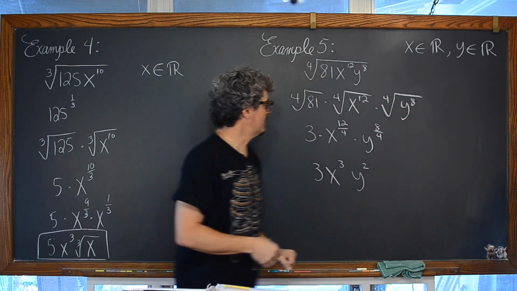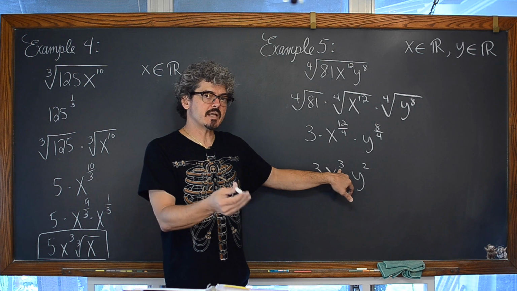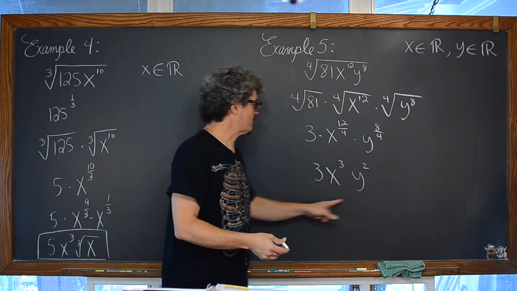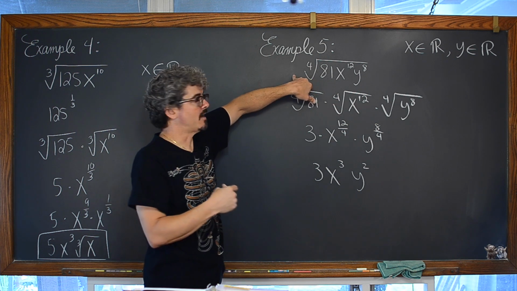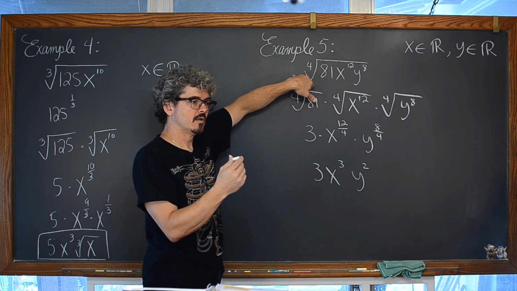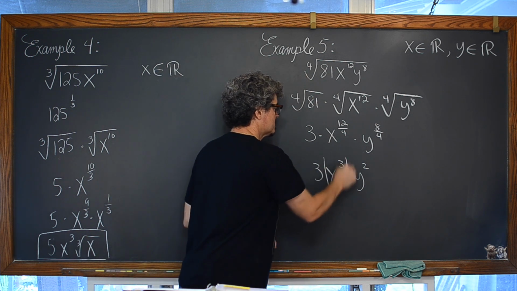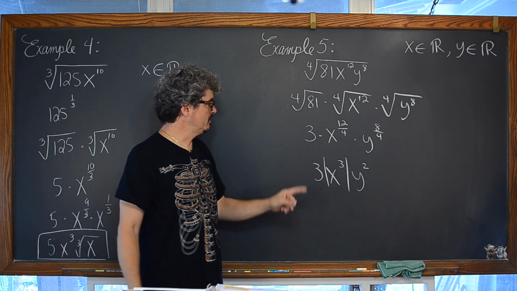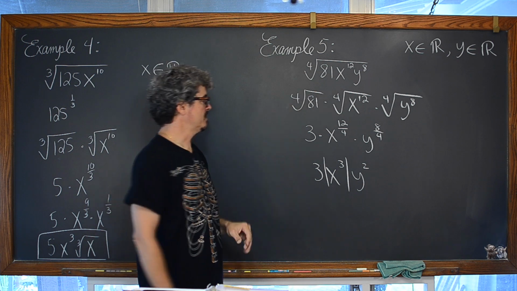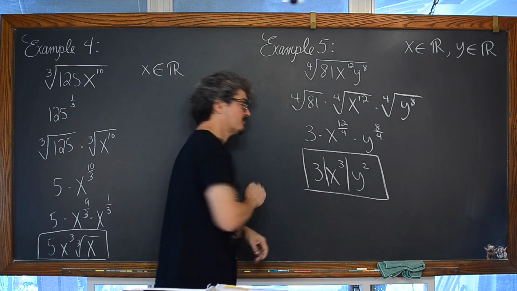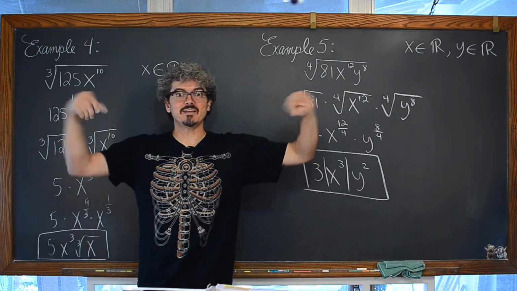If x is a negative number, then a negative number cubed, like again, negative 2 cubed is negative 8, would make this expression negative, but we're not allowed that with this notation and how our book is asking for principal roots when we're given these radical signs. We need to keep an absolute value symbol around this x cubed to make sure that this expression is giving us that positive fourth root that the problem is asking for, and this is our final answer to example number 5. I got one more example coming up right now.